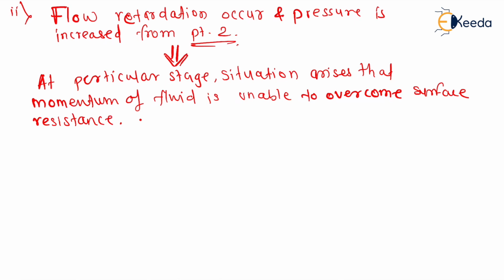So it occurs at point 3 where du upon dy is equal to 0. So this point is called as point of separation.